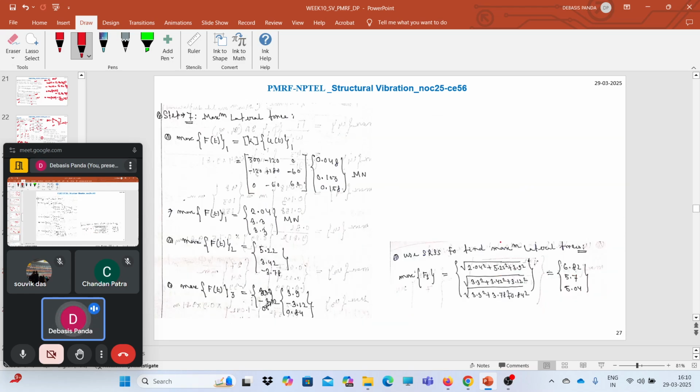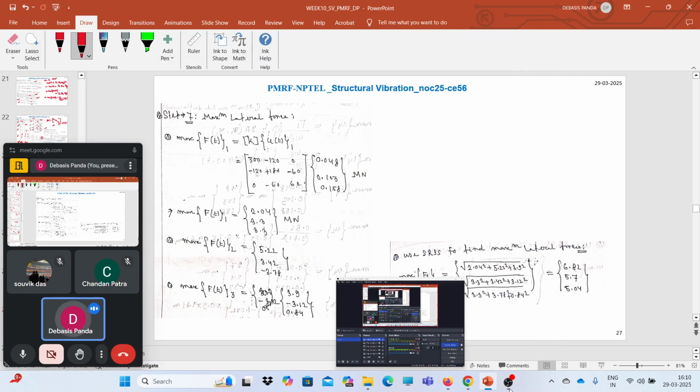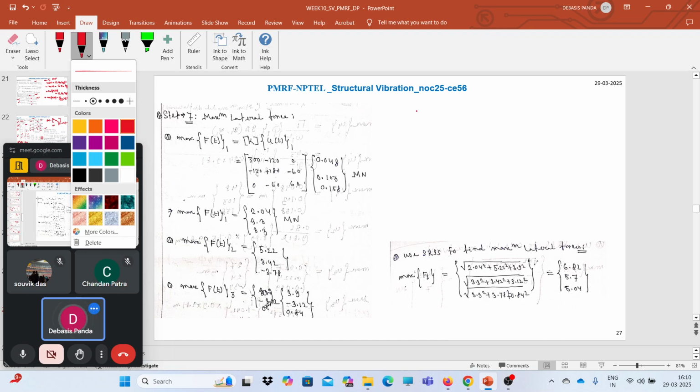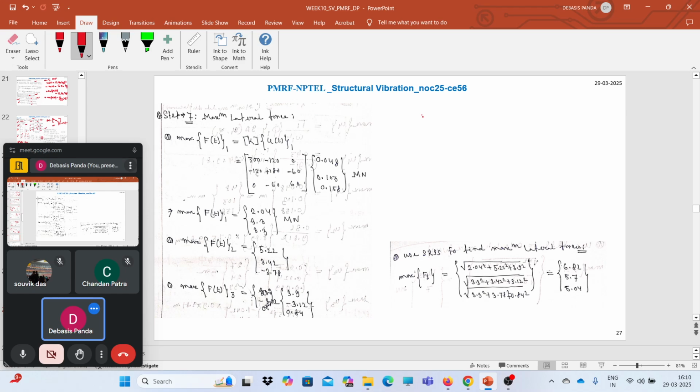Now we can solve the lateral forces too. Let's quickly solve the lateral forces for these three modes. You have already seen the equation: the maximum of F1 of t, the lateral force due to the first mode, is K multiplied by the response in the first mode.